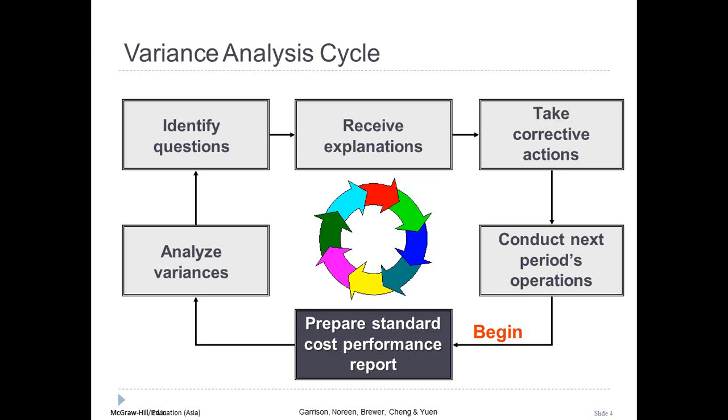The variances raise questions such as, why did this variance occur? Why is this variance larger than it was last period? The significant variances are investigated to discover their root causes. Corrective actions are taken, the next period's operations are carried out, and the process is repeated.